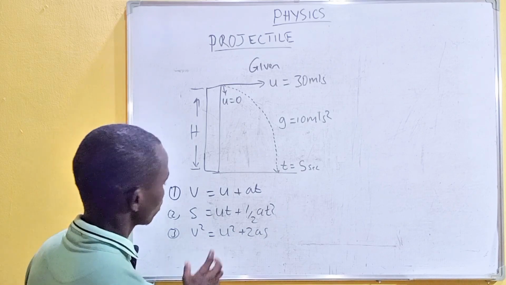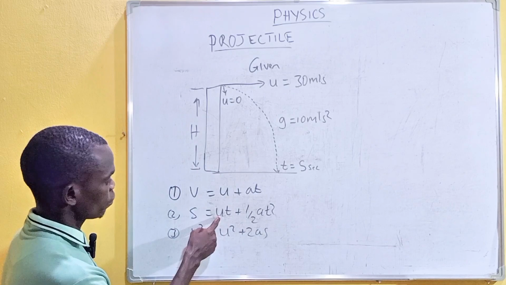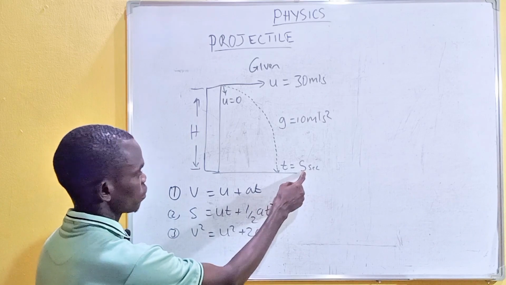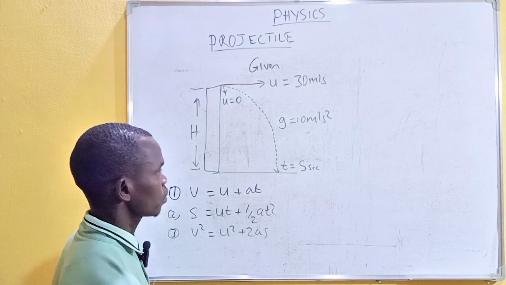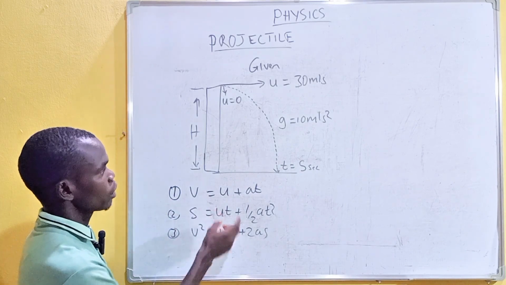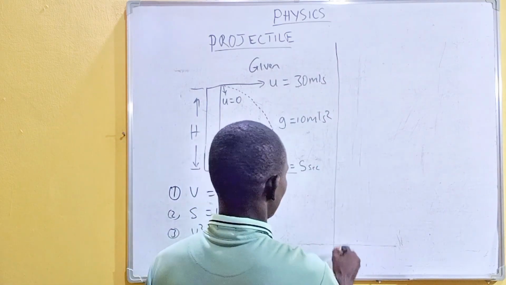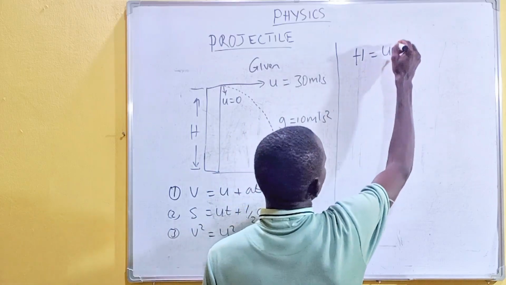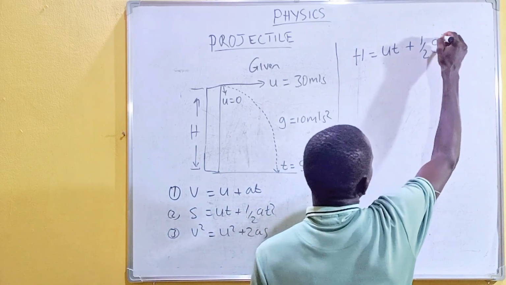If you look at these three equations of motion, we have s, which is the height, we have u, which is the initial velocity, and we have time, which is 5 seconds, and we have acceleration, which is equal to acceleration due to gravity. From these three equations, this is the best equation we can use to find our height. So the equation will now be h is equal to ut plus 1 over 2 gt squared.